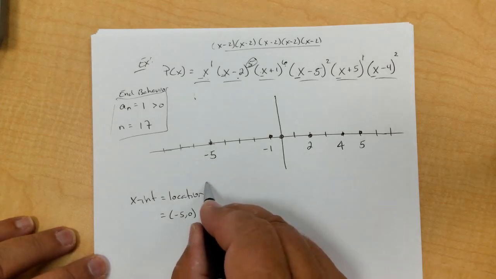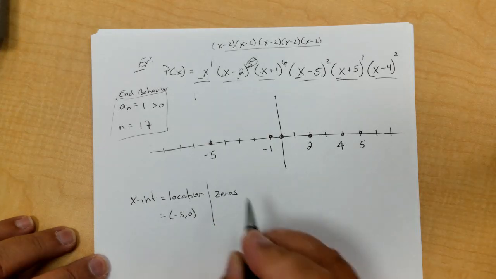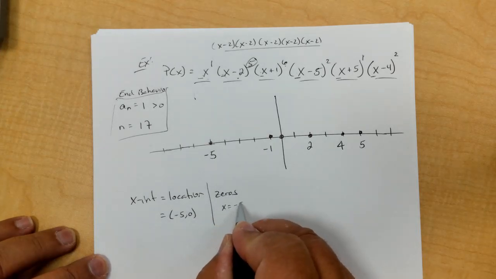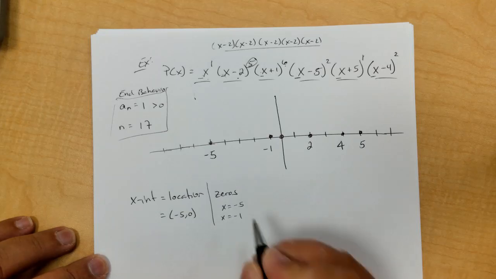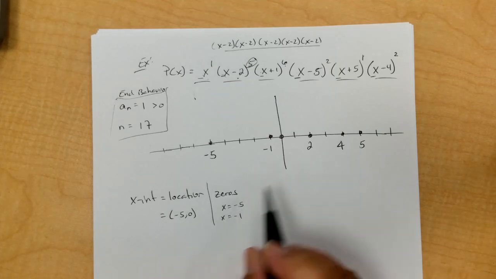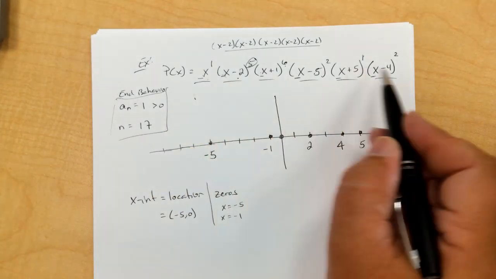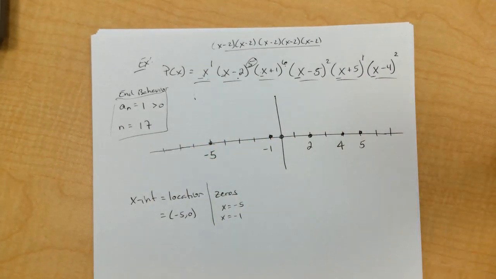What we're looking for here are called zeros. X equals negative 5. X equals negative 1. Right, because just based on the x equals negative 5 alone, that tells you already the point is at 0. Because if I put negative 5 in place of x, inside all these places, it becomes 0.